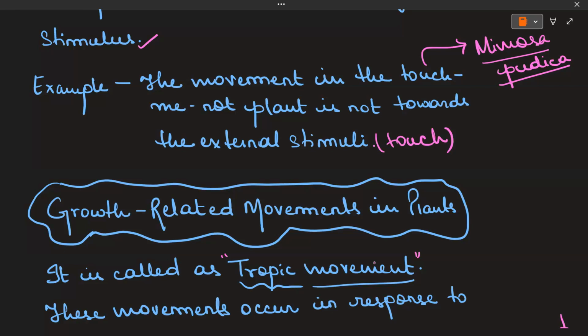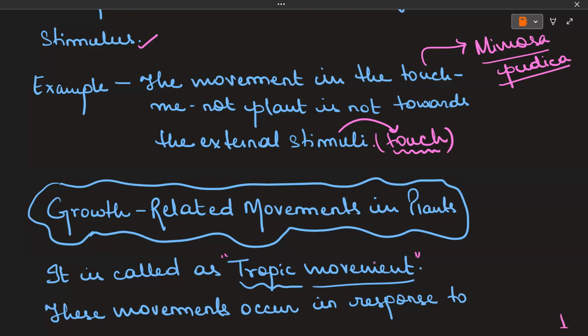If you're touching the touch me not plant's leaf, you're providing it a stimulus. Touch is the stimulus here, and because of that, the plant will fold up. So this is an example of a nastic movement. Also, you must know that the scientific name of the touch me not plant is Mimosa pudica.